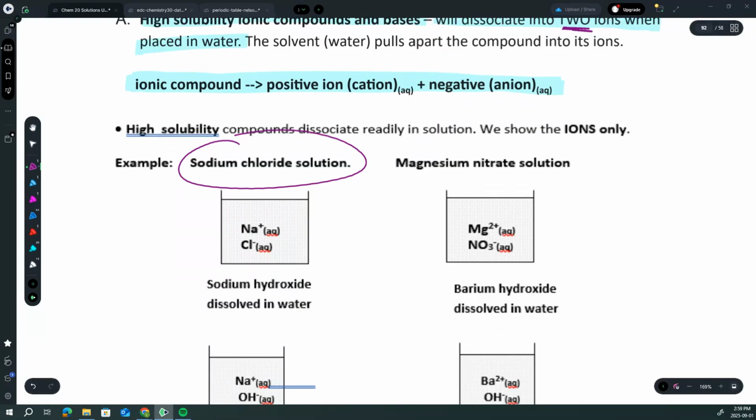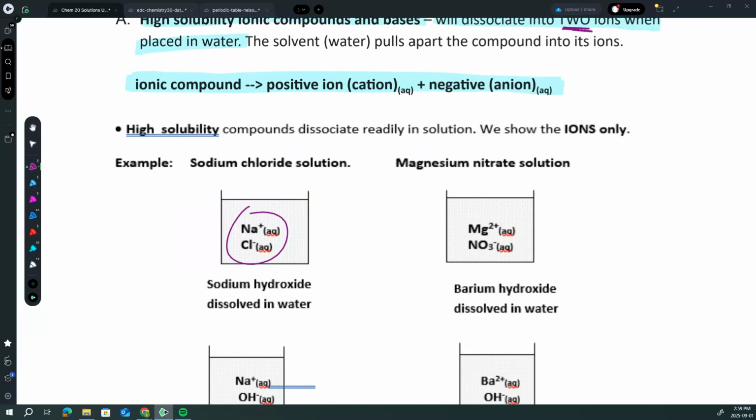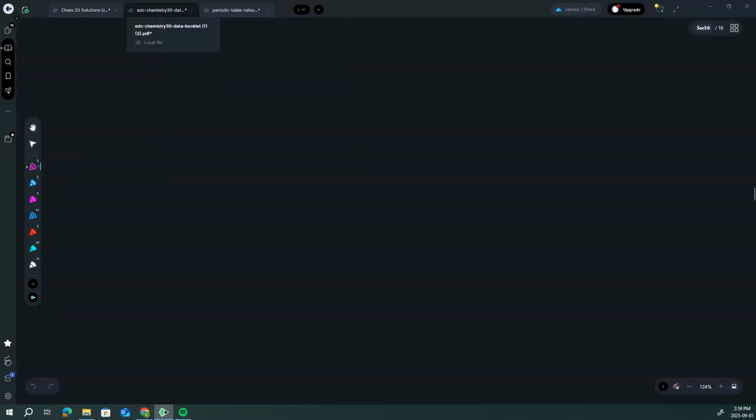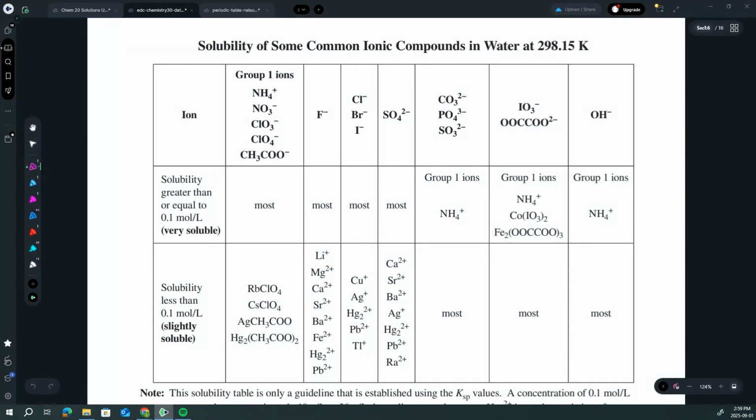So to determine if sodium chloride dissociates, even though they are showing us that it does, how you would figure that out if you didn't have that already done for you is, in order to determine if an ionic compound is going to dissociate, you need to first determine if it's soluble in water. If an ionic compound is soluble in water, it will dissociate.